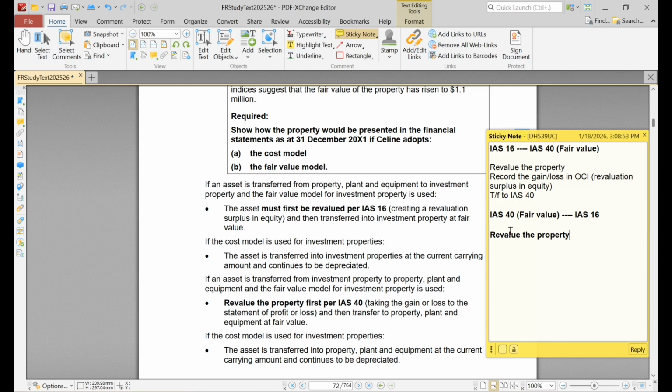You would record the gain or loss in SOPL. Remember, in SOPL, not in OCI. And then you would transfer to IAS 16 at fair value. Here also it would be at fair value.